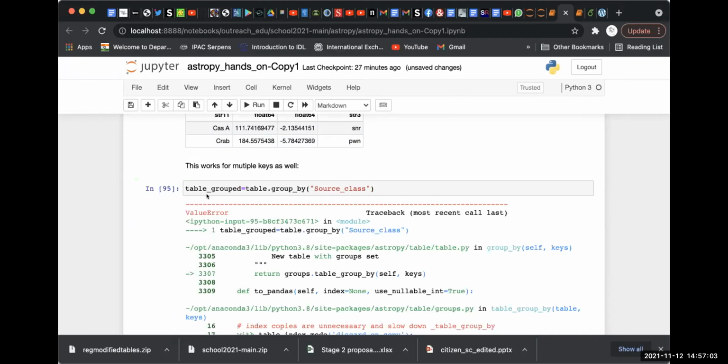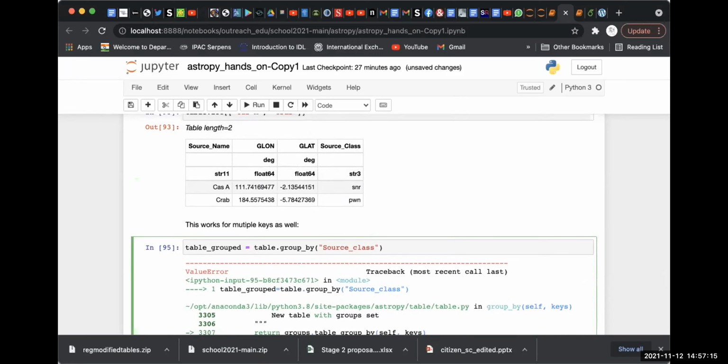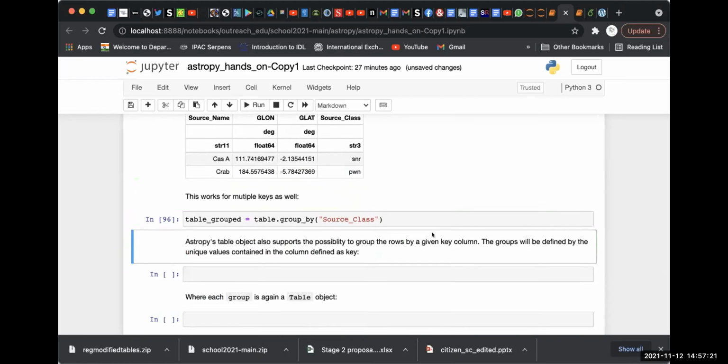So I have table grouped and table dot. I'll just add gaps in case that makes a difference. Table group by class, is it source class? Sorry, yeah. If you remember, this is a string, so it needs exactly the same name. So what it's now doing is grouping based on the source class. And I'm now going to print. Let us see what it does.